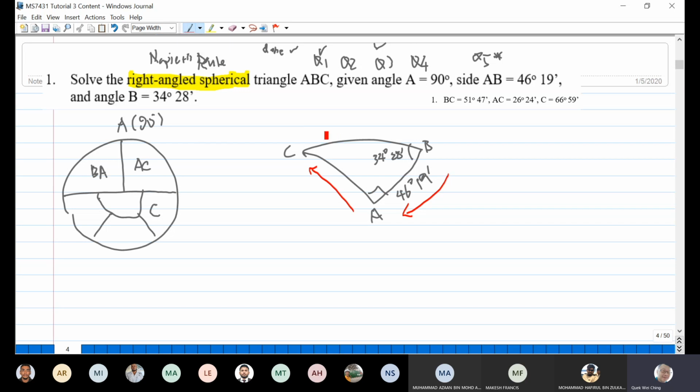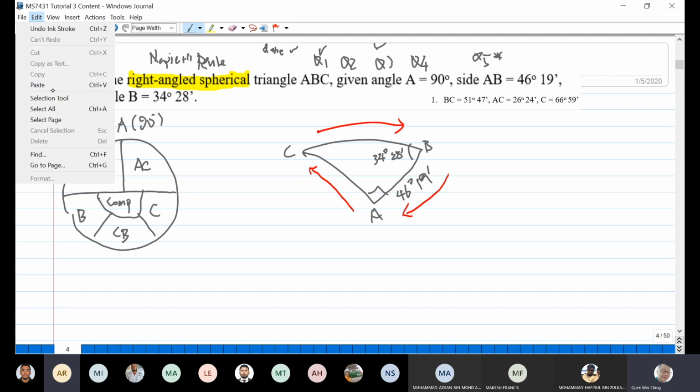This is CB, right? Then you encounter angle B. So it is angle B here. Then we know the lower half, there's a complement. This is how you draw the Napier's wheel. Napier's wheel looks something like this.